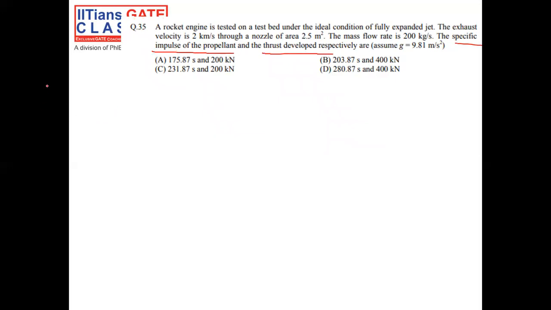Okay. So the given information: the exhaust velocity is 2 km per second, the exhaust area is 2.5 meters square, and the mass flow rate is 200 kg per second. We need to find out the specific impulse and the thrust produced by the rocket.